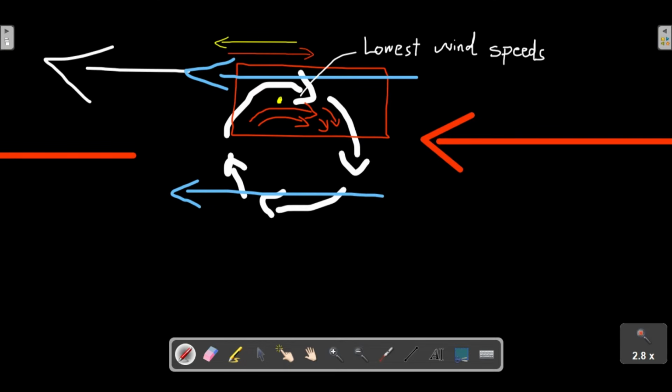Now let's take a look at this other region. In this region, you have winds rotating clockwise.